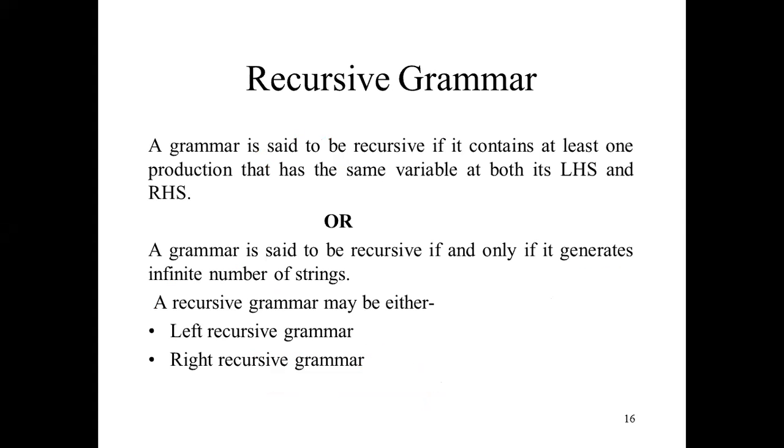Now, what is the recursive grammar? A grammar is said to be recursive if it contains at least one production that has the same variable at both its left hand side and right hand side. So a grammar is called recursive if we have the same variable on the left hand side as well as the right hand side in at least one production.